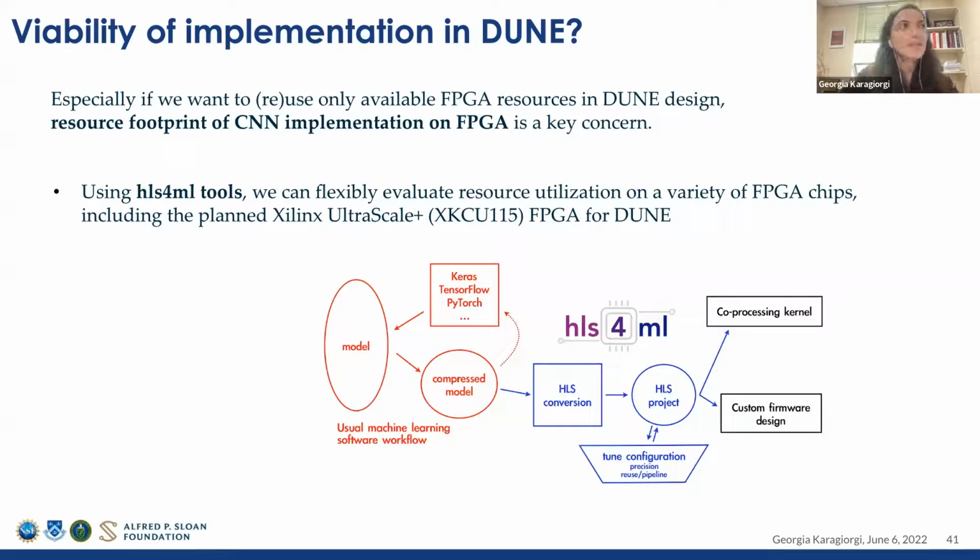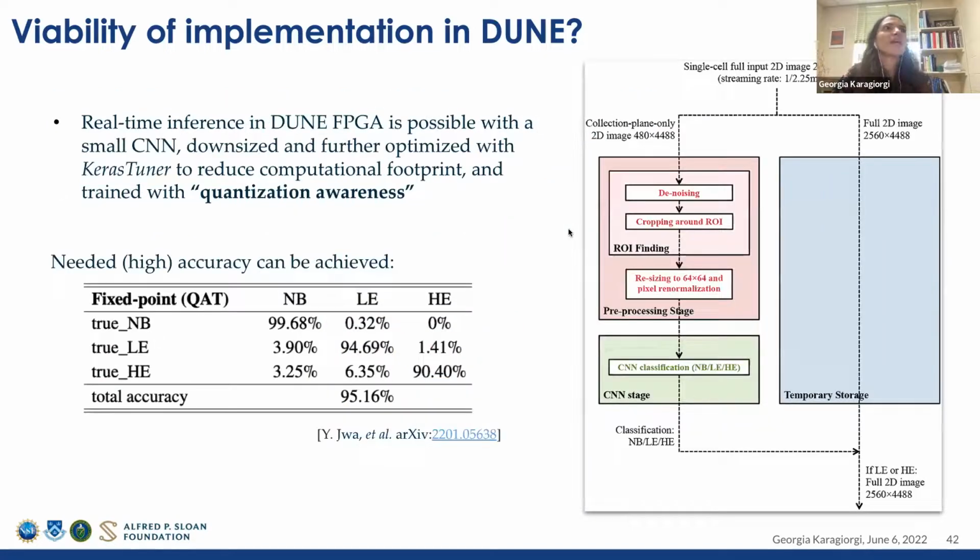So for that, we turned to other tools made available through recent advances within the community, in particular HLS4ML tools, that allowed us to flexibly evaluate resource utilization on a variety of FPGA chips in general. But what we studied in particular is the Xilinx UltraScale Plus FPGA that is planned to be used for DUNE.